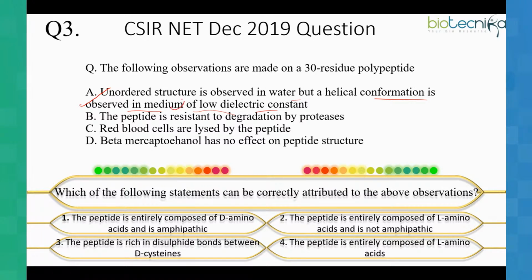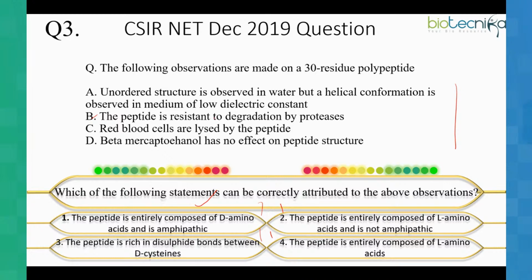Water is a polar environment, and you are seeing that the peptide takes an unstructured, unordered structure in it. But when you expose the polypeptide to a non-polar or hydrophobic environment, it takes a helical conformation. These are your observations, and based on these, you have to conclude which option is correct.